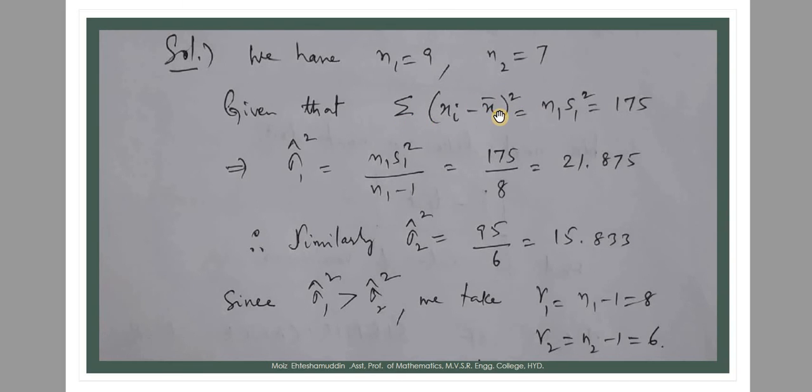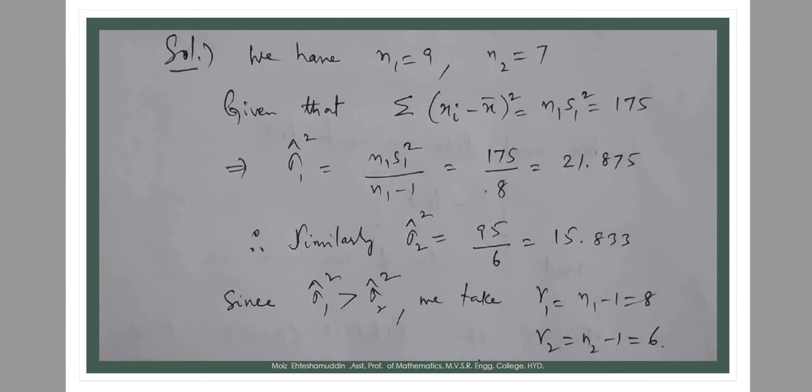So the sum of the squares of the deviations has to be equal to n1 into s1 square, because you know that s1 square is the variance of the sample, and if you divide here by n1, it becomes the formula for s1 square. Or, if I apply the square root here, then everybody will assume that it is s1.